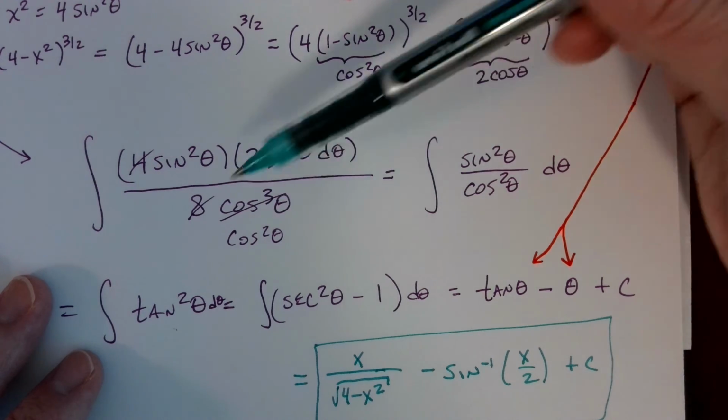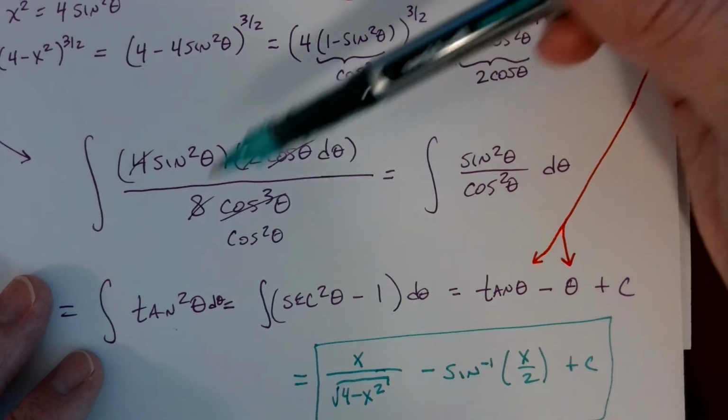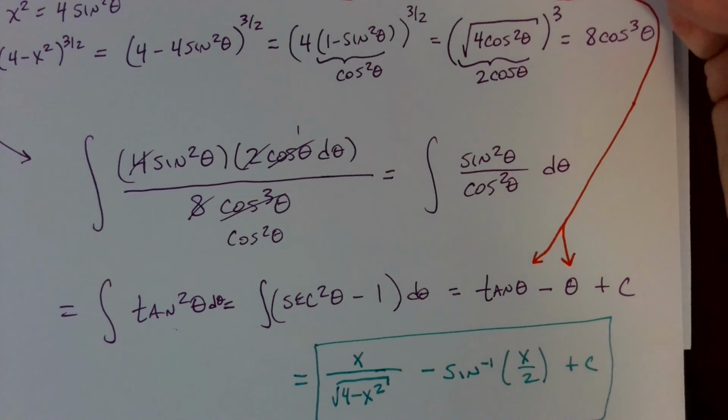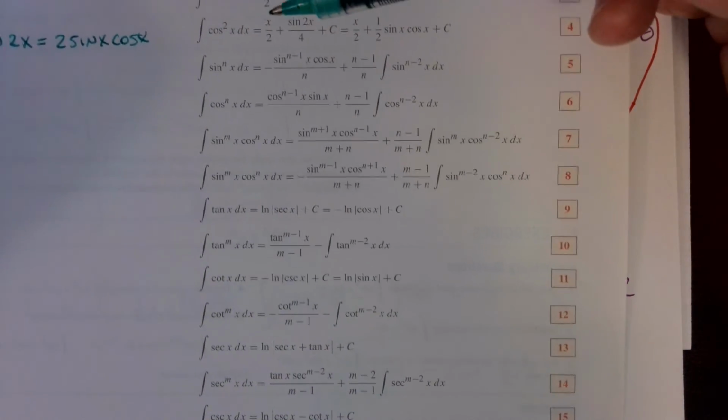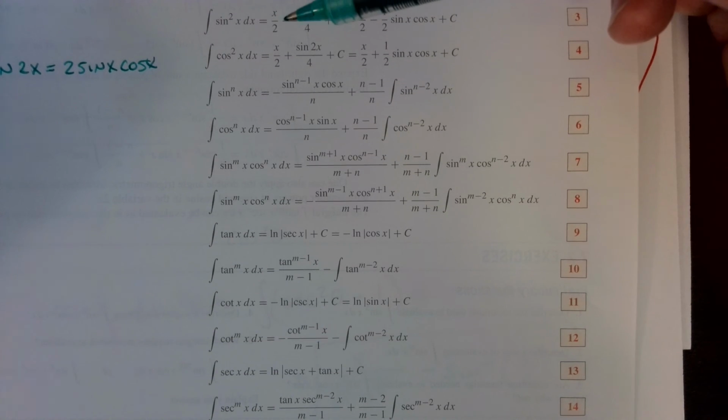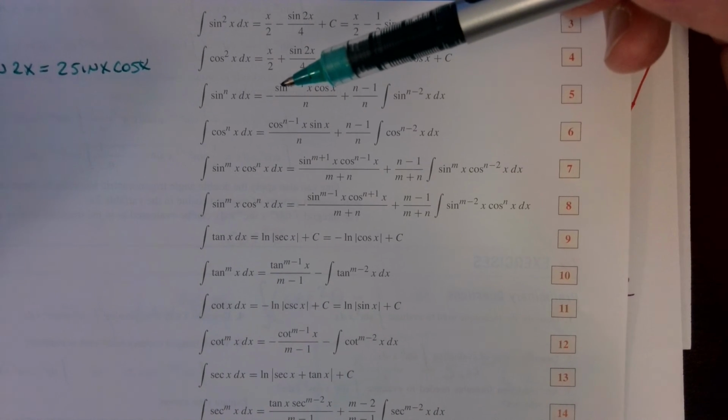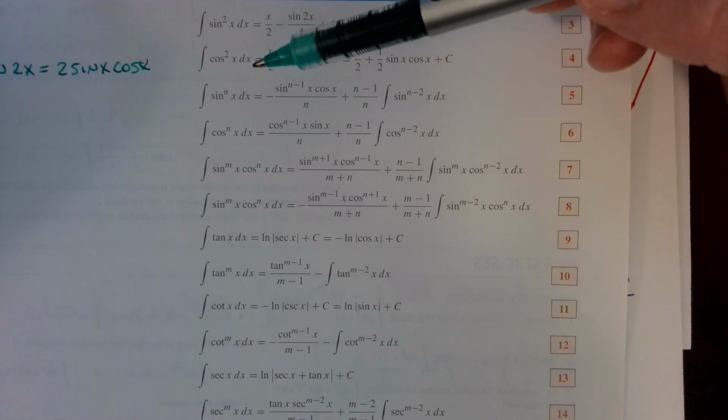So in general, a lot of times you can get some messy ones, and in the book sometimes they'll say you can use, this is from the previous section on trig integrals, a table of integrals involving the trig functions, and of course we use this one.